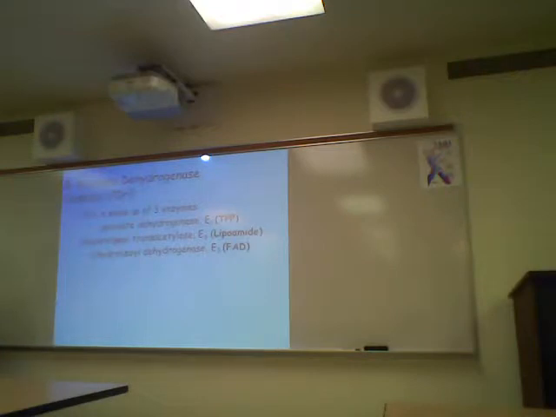And the second enzyme in that big, huge complex is called dihydrolipoyl transacetylase. And the last one is the dehydrogenase. So E1, E2, and E3. And we've got TPP, lipoamide, and FAD as the 3 different coenzymes, one for each of the 3 enzymes in our big pyruvate dehydrogenase complex.